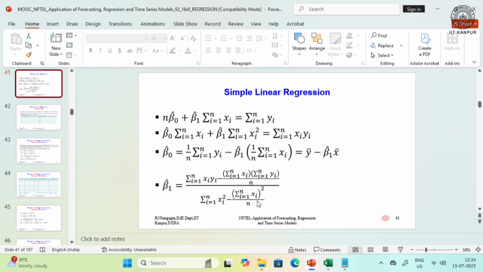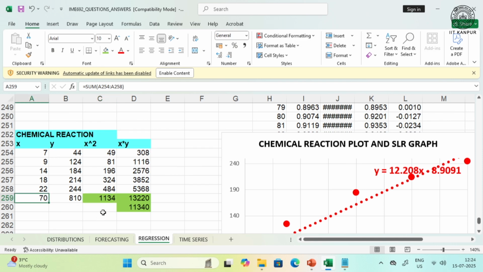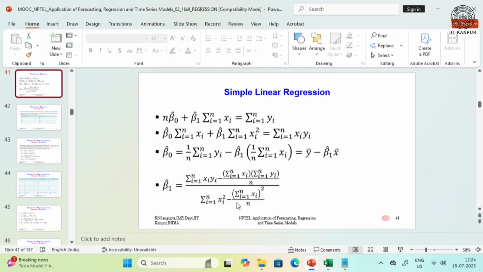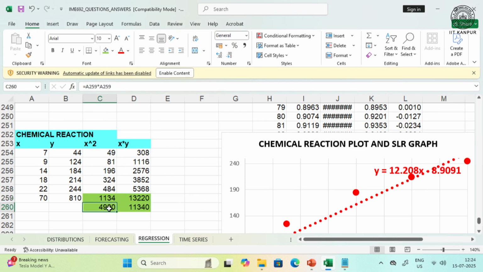Then you have the sum of xi, that whole squared. The sum of xi, whole squared, is already here. This will also be utilized, so this is also green. That should be divided by n, so let us also divide it by n already. n is 5. Done.